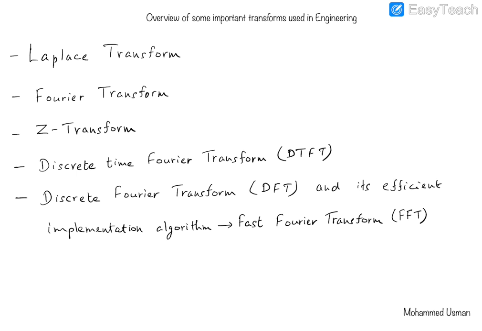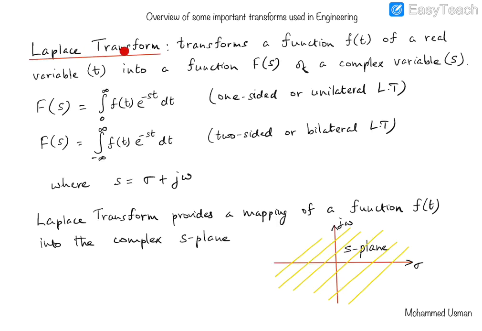However, I will leave the applications of each of these transforms to a separate video. So the focus of this video will simply be an overview of each of these transforms and the relationship between them. So let's begin with the Laplace transform.